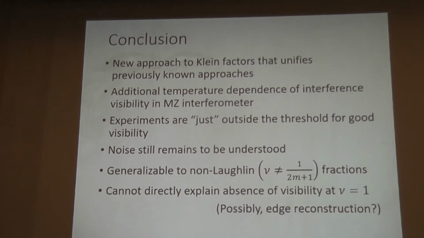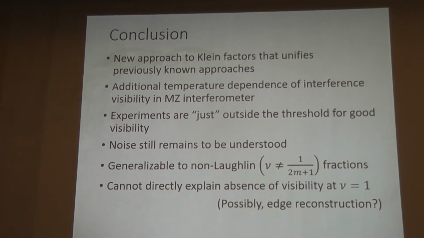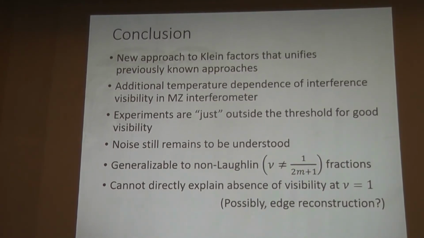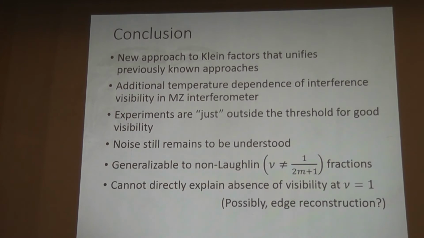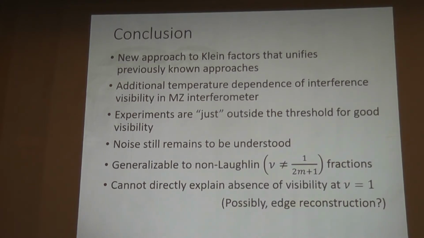However, I have not calculated the noise, so the noise still remains to be understood. What I proposed is related to the simplest Laughlin filling fractions, but in principle it is generalizable to other filling factors. And finally, this scenario cannot explain the absence of interference at nu equal 1.